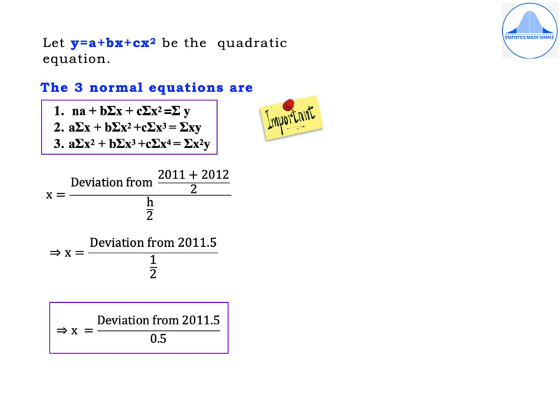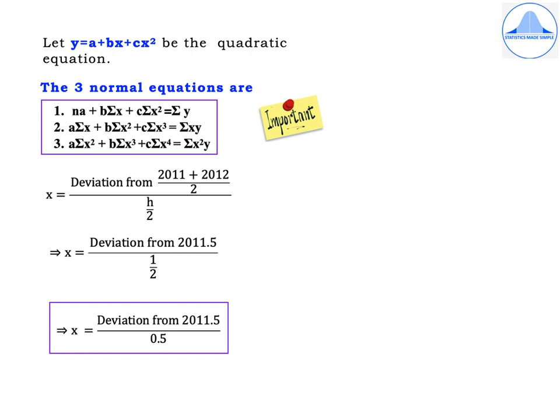The three normal equations are: first one, na plus b summation x plus c summation x square is equal to summation y. Second is a summation x plus b summation x square plus c summation x cubed is equal to summation xy. And third is a summation x square plus b summation x cubed plus c summation x to the power 4 is equal to summation x square y.